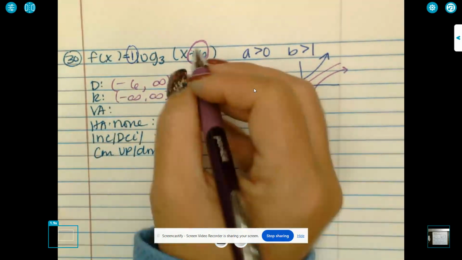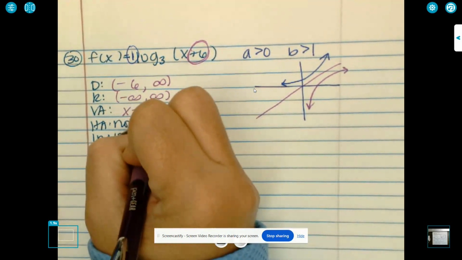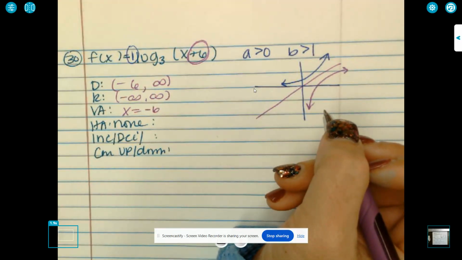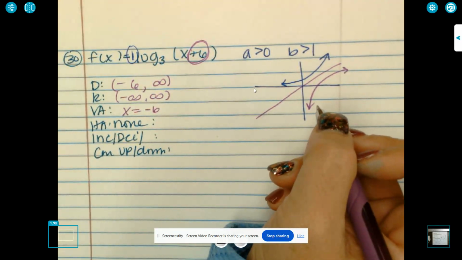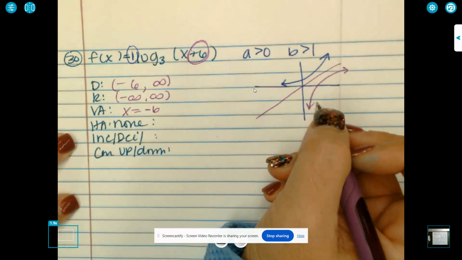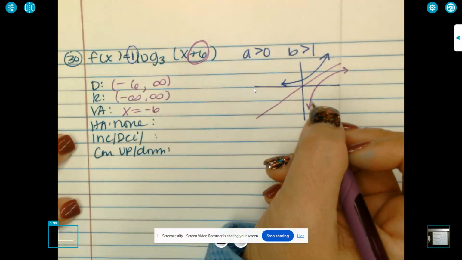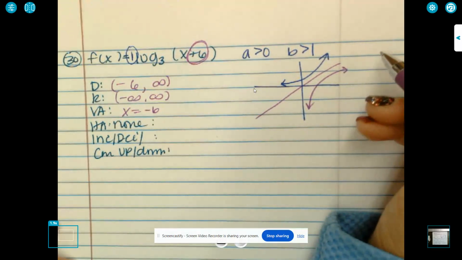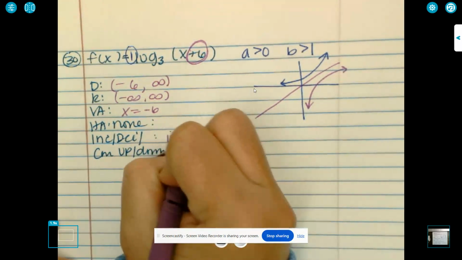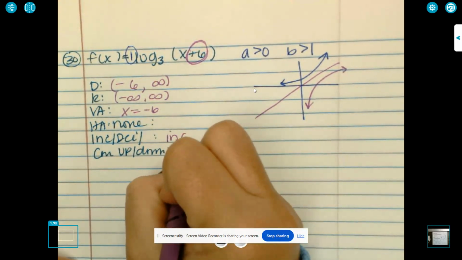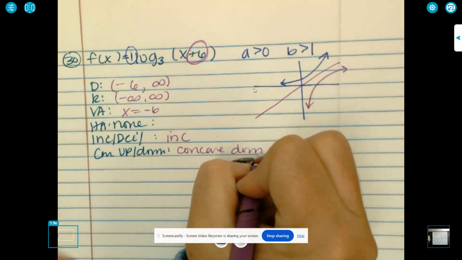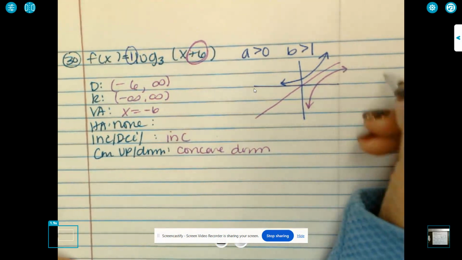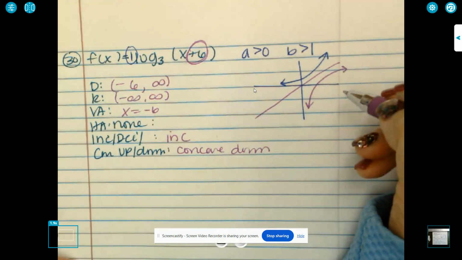The vertical asymptote is going to be x equals -6. No horizontal asymptote. This time we are still increasing, right? We're still coming up, but we are concave down.